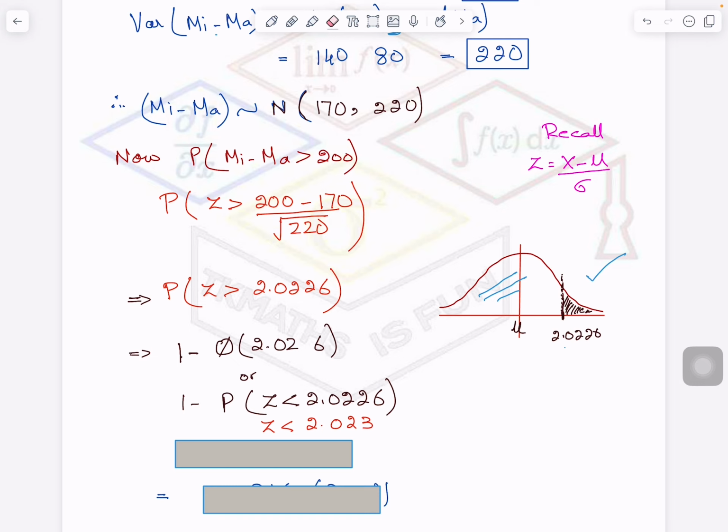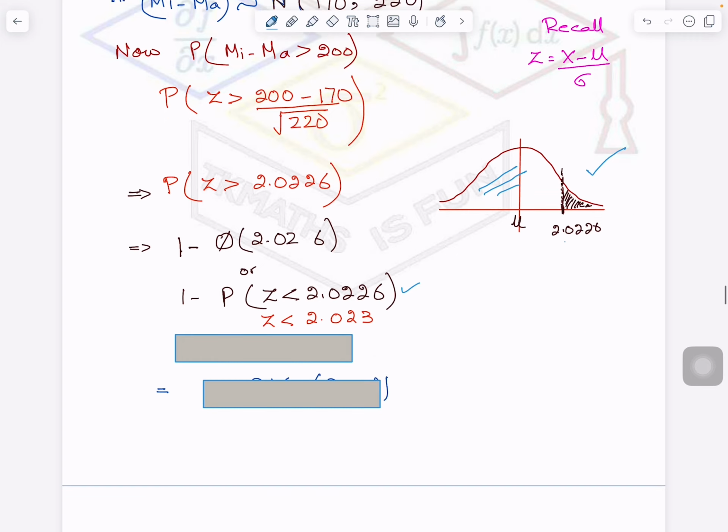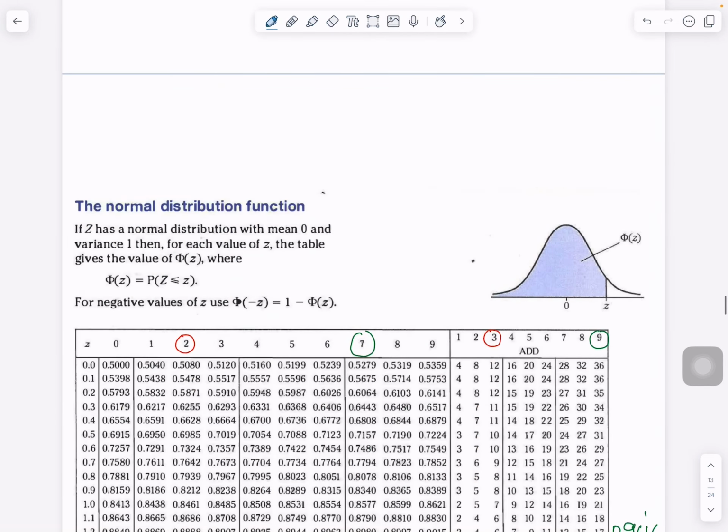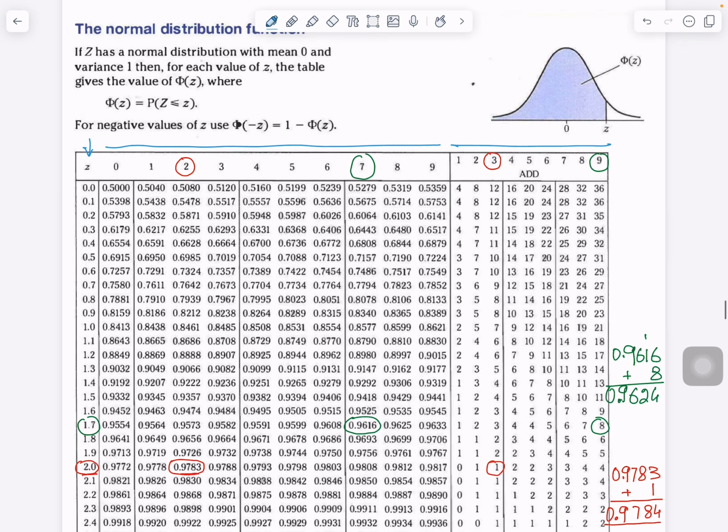Because it is 2.0226, I want it to 3 decimal places, so I will change it to 2.023. Why do I need 3 decimal places? If you see here, it is 2.023. The first decimal place comes here, the second here, the third here. So it was 2.0, see the red one please, because the green one is for the second part. 2.0, then it is 2, so it is this probability, and then it is 3, so it is this one.